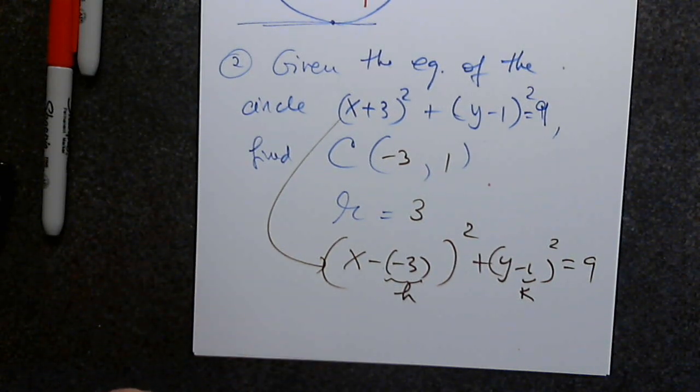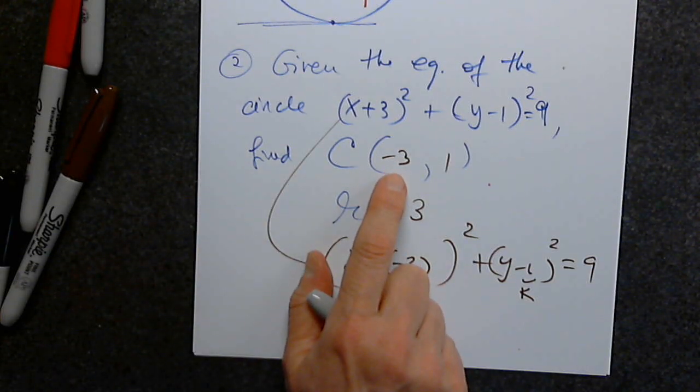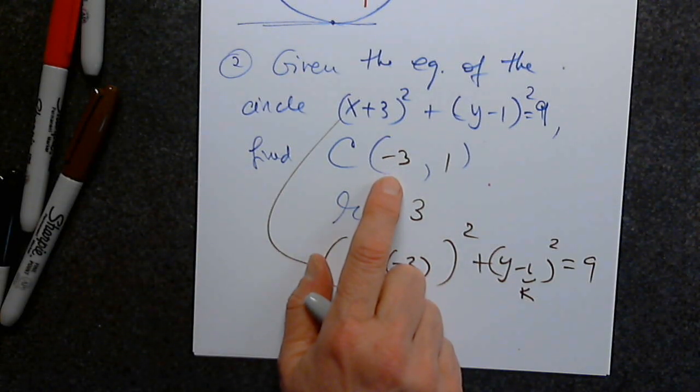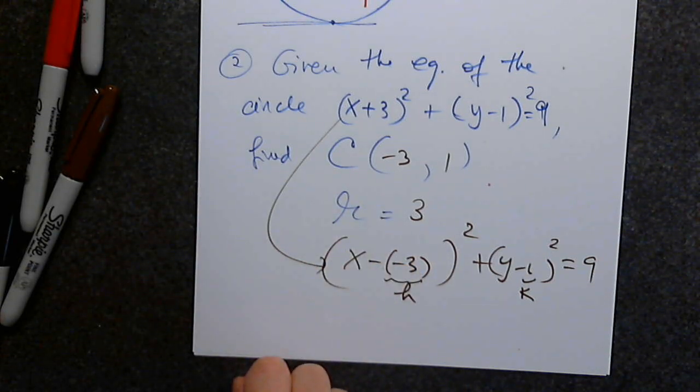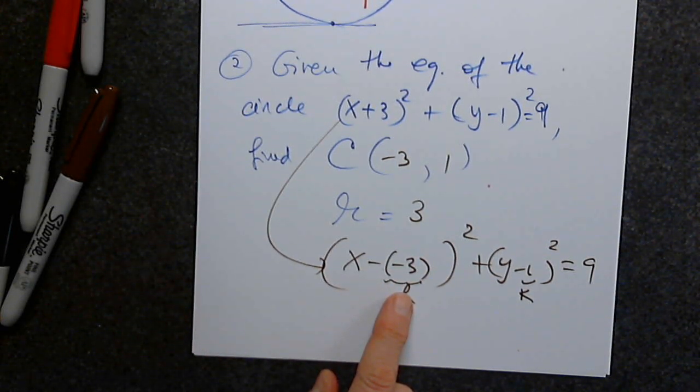Is that okay? Is everyone clear on why we get -3 and not +3? Yes, Denny? Because you're taking the number between h and x, and you're plotting the point 3 to the left. That's -3.